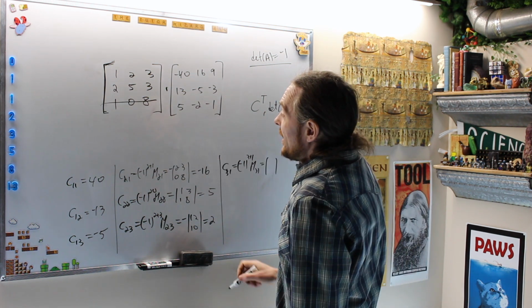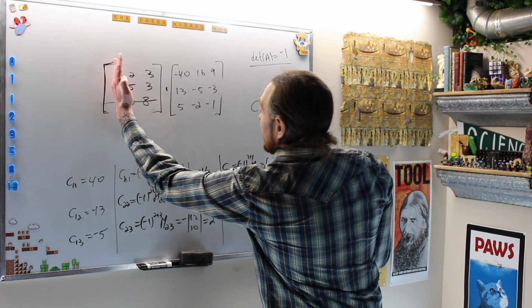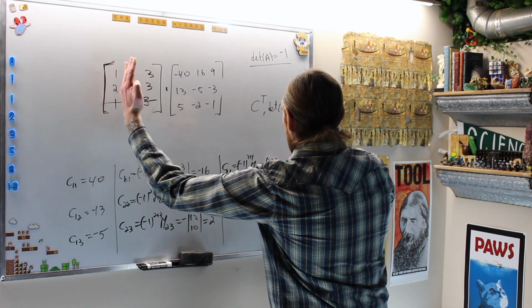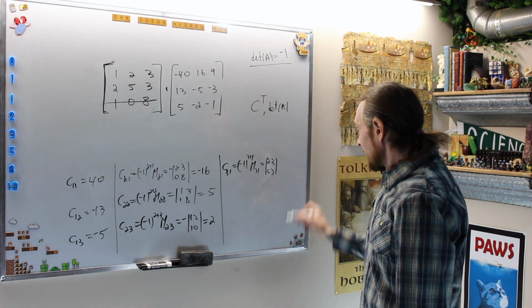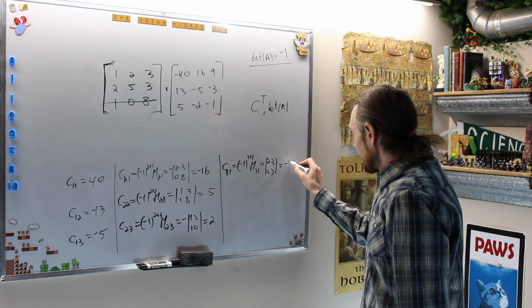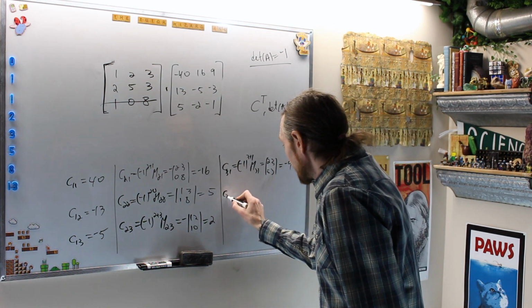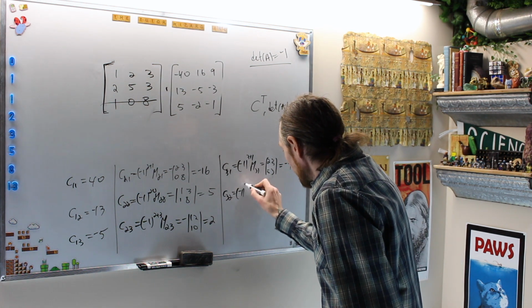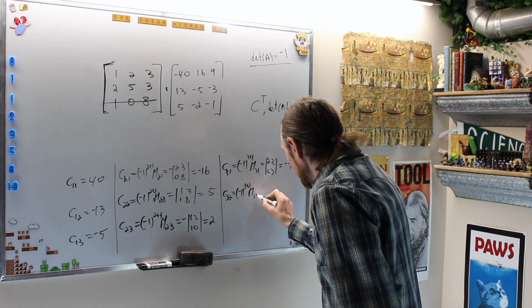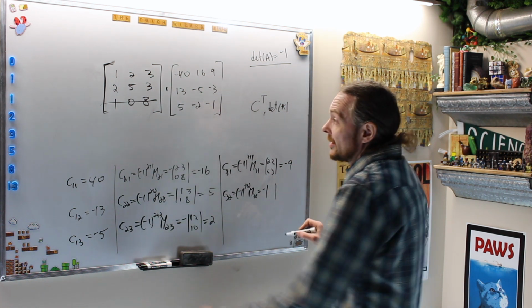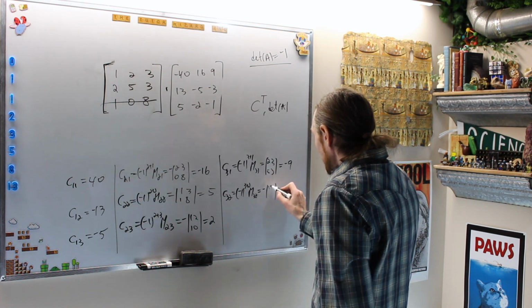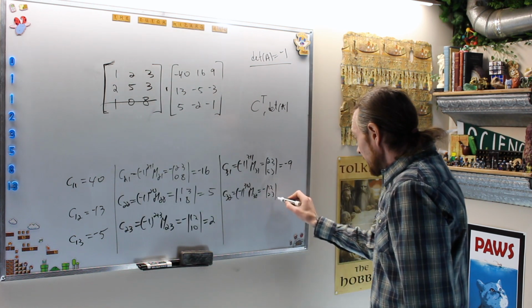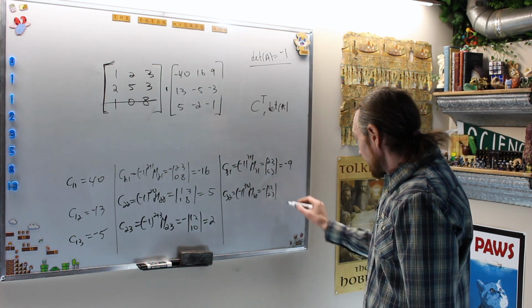We're going to block off 3 now. 3, 1 is going to be this guy. 2, 3, 5, 3, which is 6, minus 15, which is negative 9. C32 is negative 1 to the 3 plus 2, M32, which is negative M32, which is equal to 1, 3, 2, 3, which is 3 minus 6, which is negative 3.